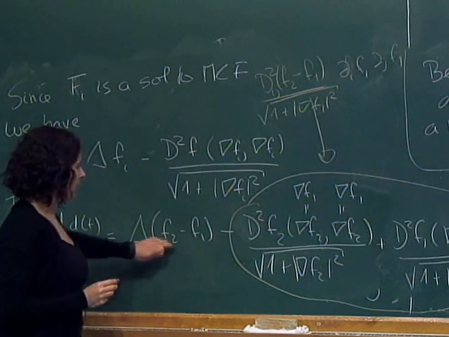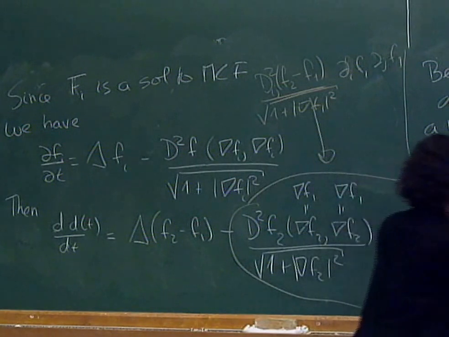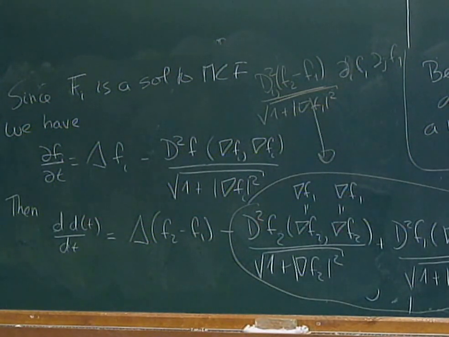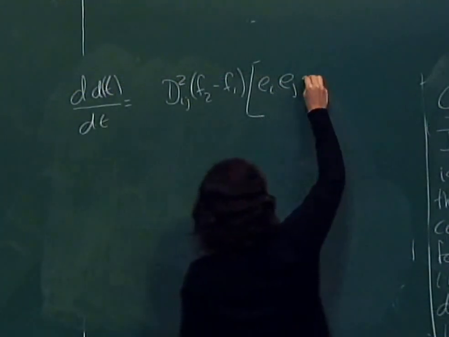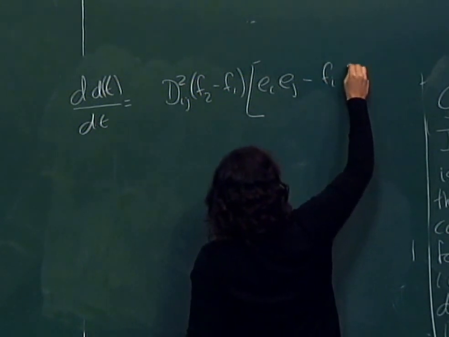And then if you rewrite the whole thing, what you're seeing here is that d'(t) is equal to d2_ij (f2 minus f1) e_i e_j minus f_i f_j.